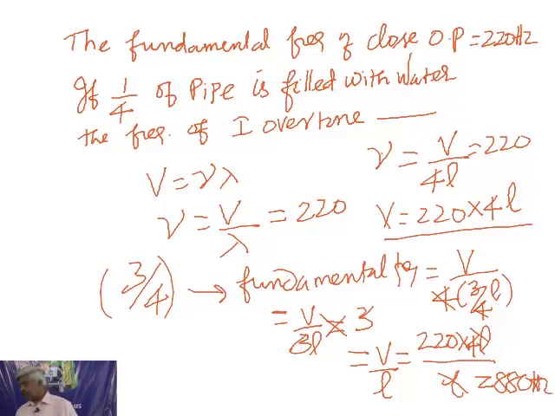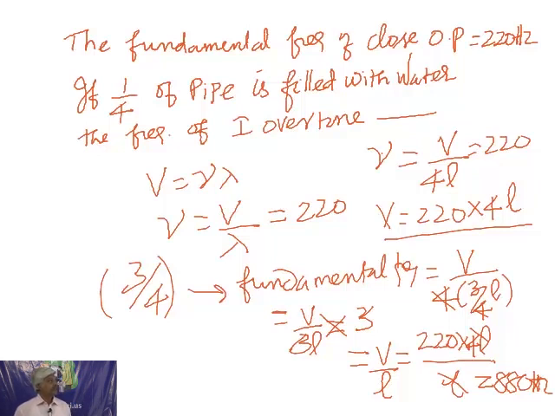Can you follow this problem? Very important problem. It is a repeated problem in so many examinations, centrally sponsored examinations. So purposely I have given this problem. The fundamental frequency of a closed organ pipe is 220 hertz.